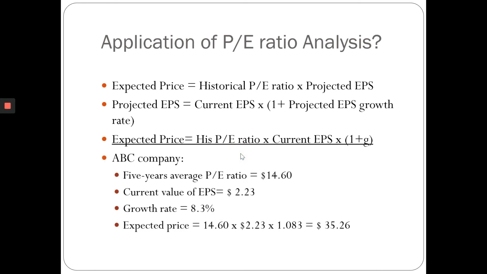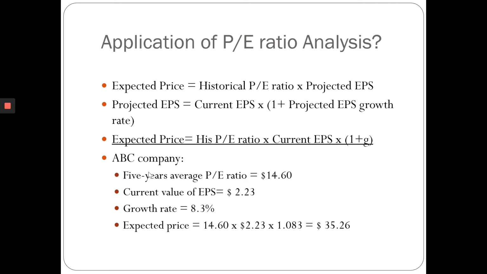So if there is an ABC company and its 5-year average PE ratio is 14.6 and the current value of earnings per share is $2.23, then the growth rate is 8.3%.